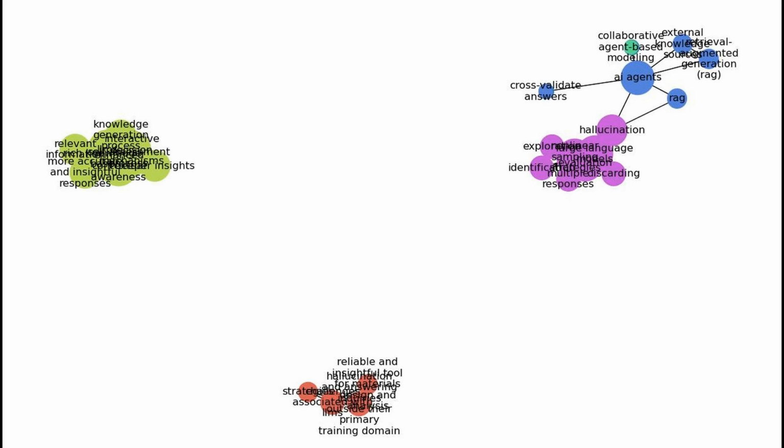The study addresses the limitations of large language models, LLMs, particularly issues related to hallucination and accuracy, by implementing several key strategies. 1. Nonlinear sampling strategies. This approach allows the model to go beyond standard linear interactions, where a question is asked and a single answer is provided.